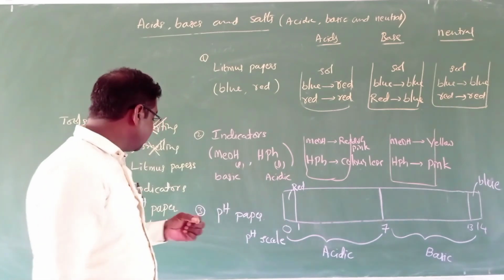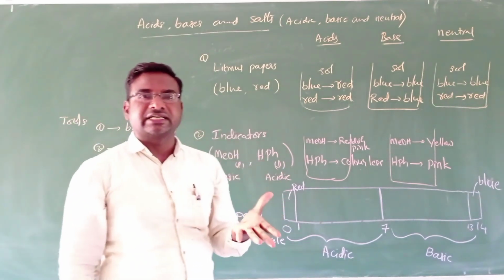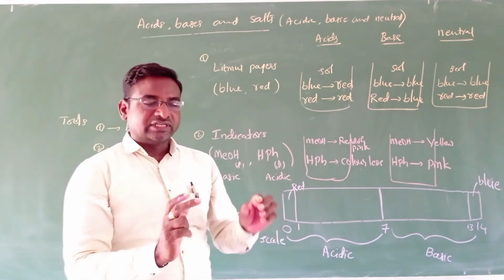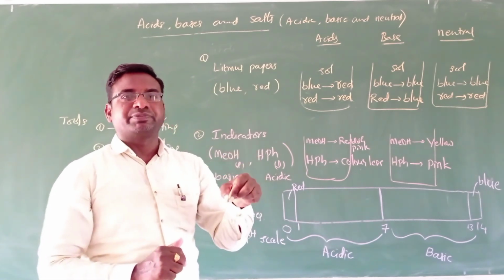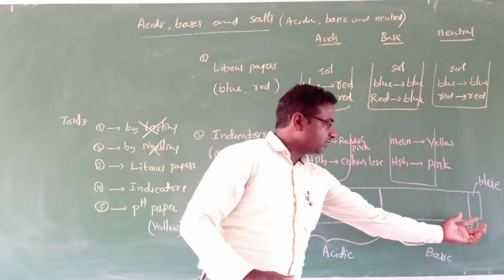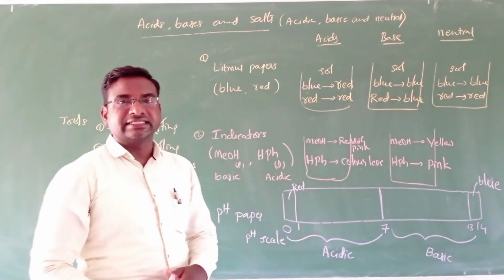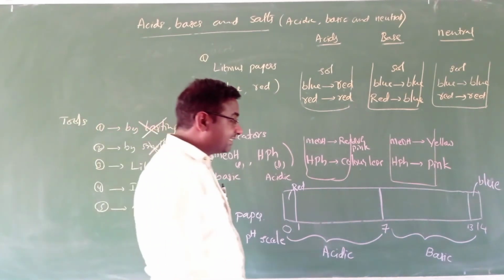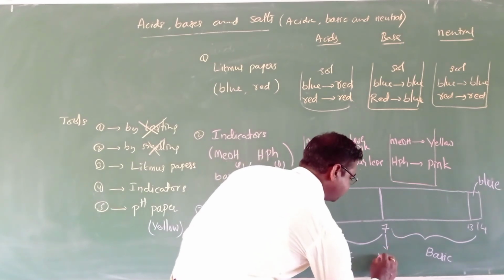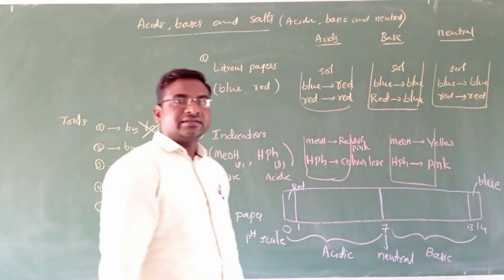When we dip the yellow pH paper in a solution and we don't know whether the compound is acidic or basic, if the color is from 7 to 14, that is basic, or below 7, that is acidic. If it is exactly 7, then that is neutral in nature.